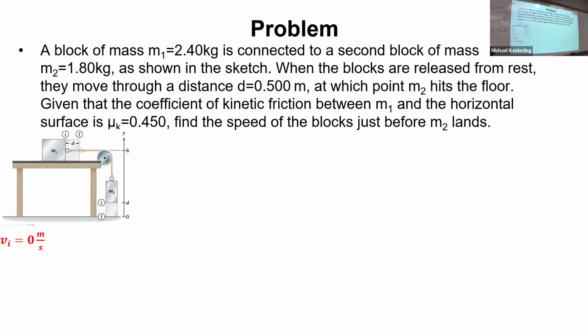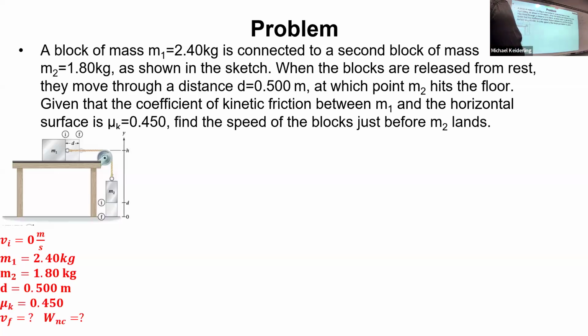Our initial velocity is 0 meters per second. Our mass 1 is 2.4 kilograms, mass 2 is 1.8 kilograms. That distance it's going to fall is half a meter, 0.5 meters, and mu kinetic is 0.45. We need to find the final velocity, and for that we'll need to know what the non-conservative work is. Non-conservative work is change in potential energy plus change in kinetic energy.